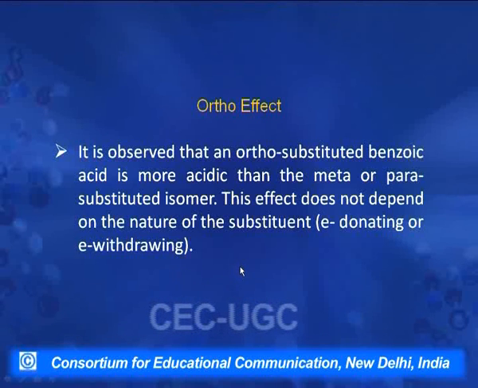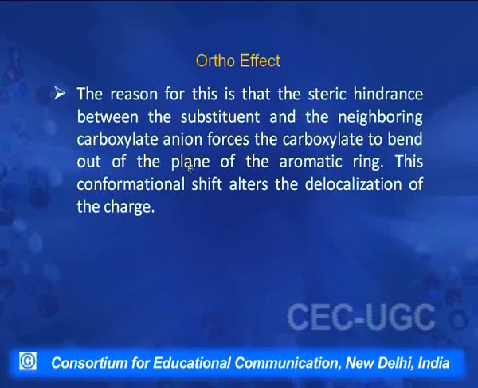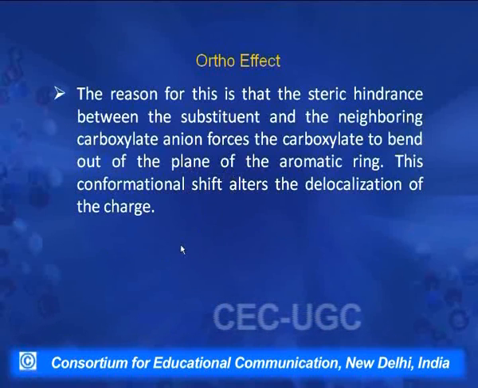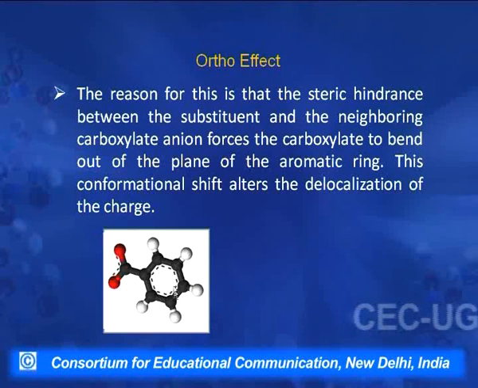Now how do we explain it? We can explain it this way: in aromatic acids, as I showed earlier in a structure, there is some electron shift from the ring towards the carboxylate anion, and this shift of electrons from the ring towards the carboxylate anion is making it a weaker acid.